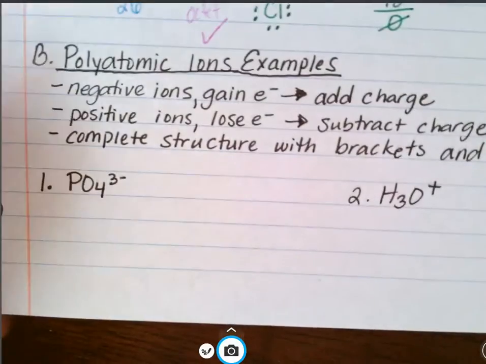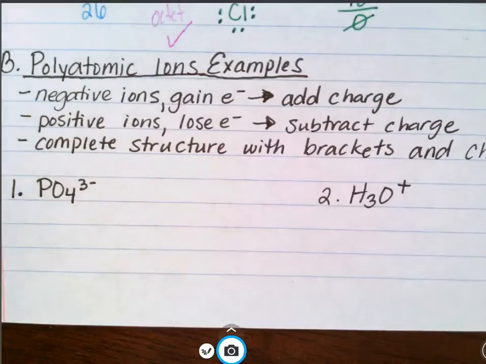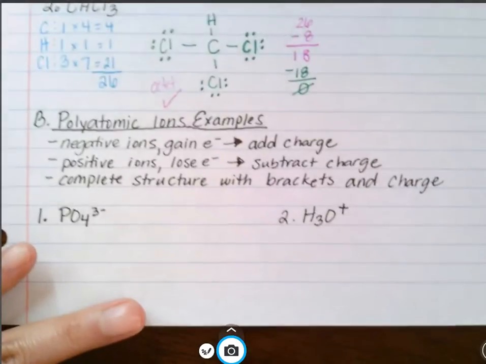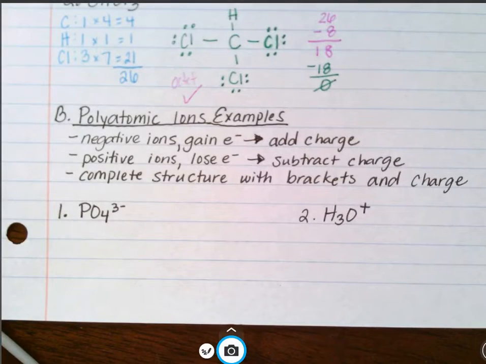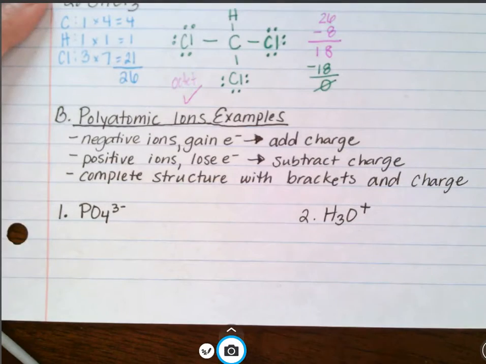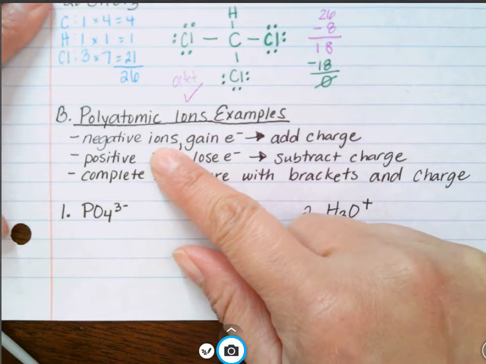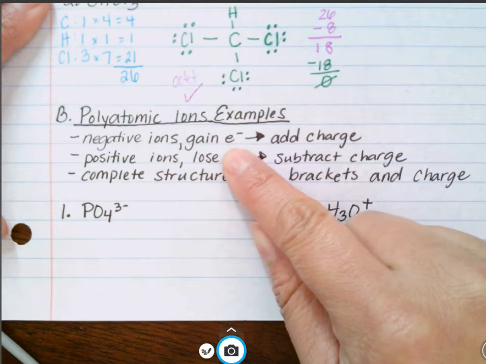Hopefully you're doing all right. All right. So the next part of this is drawing molecules for polyatomic ions. Remember that polyatomic ions are covalently bonded, so we can draw their Lewis structure for a covalent bond here. Some of our polyatomic ions are negative. The way that they become negative is that they have gained electrons.